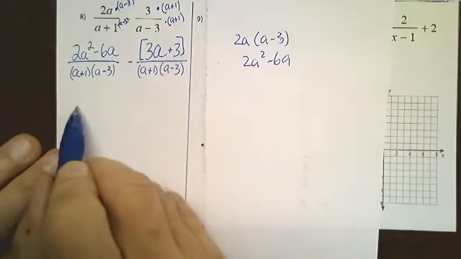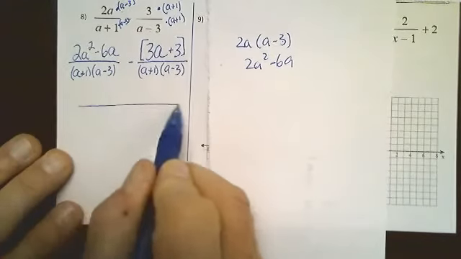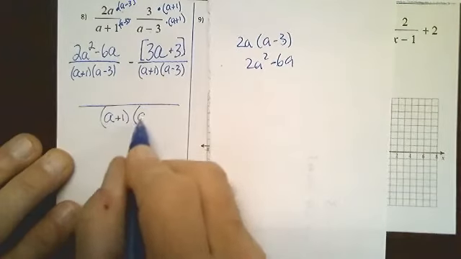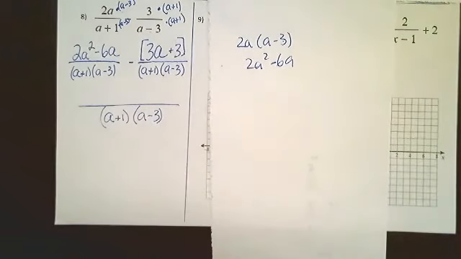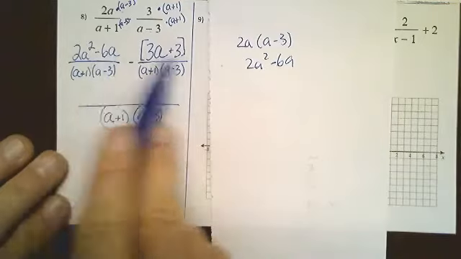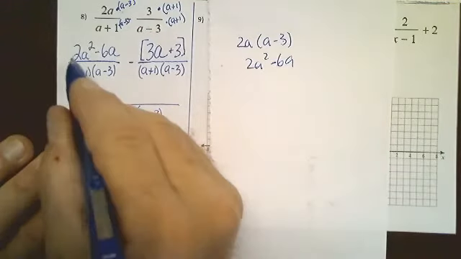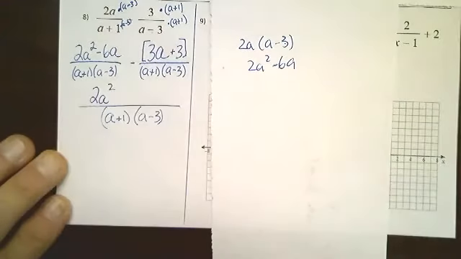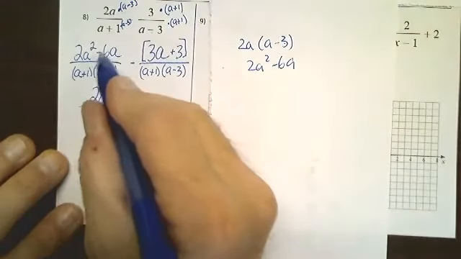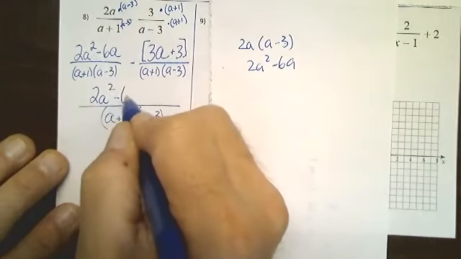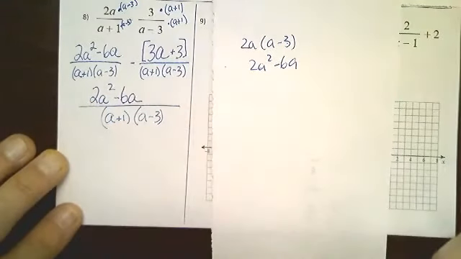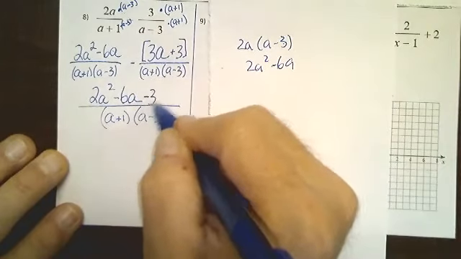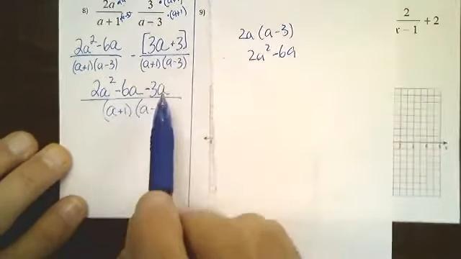Now, I'm going to put it all over the common denominator. And you got to rewrite the numerator. That's 2a squared minus 6a minus 3a. Here's where all the mistakes are made.